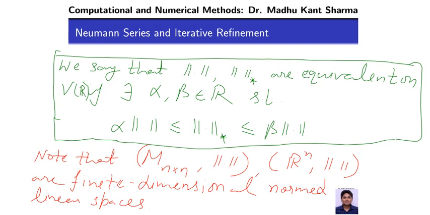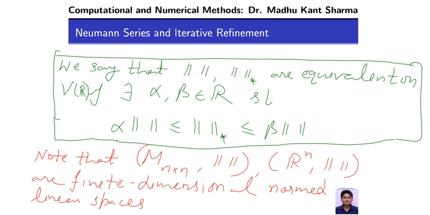So you start with any sequence of vectors and work with respect to any norm, whichever you feel comfortable with or is easy to approach to show that the corresponding sequence is convergent. Then it will automatically imply that it converges with respect to any other norm on R n or on M n cross n.